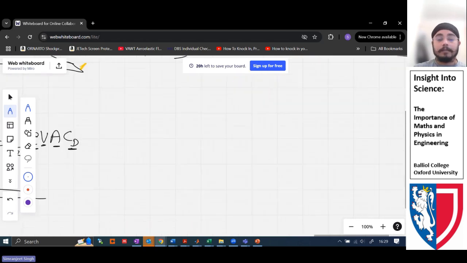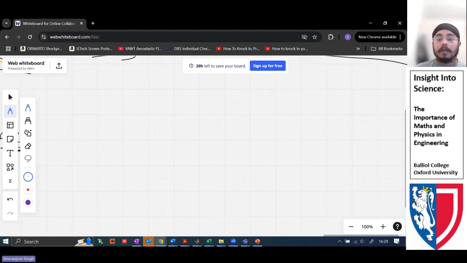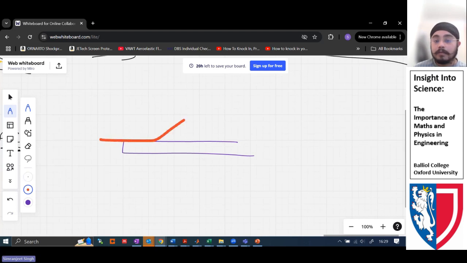What they do basically, if we have an infinitely long plate and the flow was about to separate here, we will make use of these generators, which look like this.